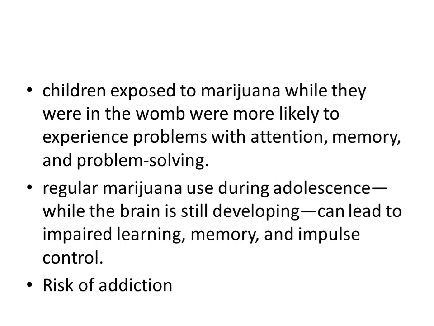When a pregnant woman consumes cannabis, her child in the uterus is affected and will be born with problems in attention, memory, and problem-solving activities in the brain. Regular marijuana use during adolescence, while the brain is still developing, can lead to impaired learning, memory, and impulse control, and this effect takes years to be reversed. So even children in the womb of mothers addicted to hashish are affected and are born with serious problems in concentration, memory and problem solving. Also, if someone is still a teenager and becomes addicted to cannabis, it affects the same brain centers, and the effect lasts for years until it is reversed, even if he stops. And of course, there is a risk of addiction.